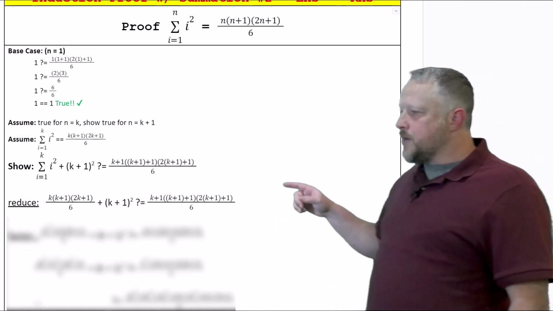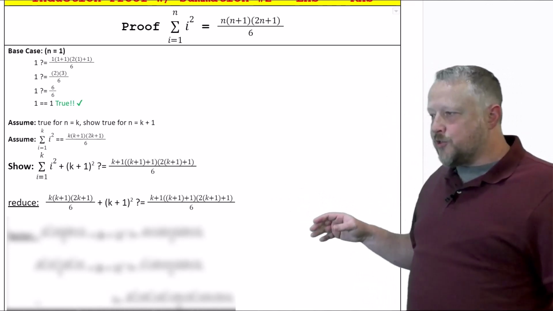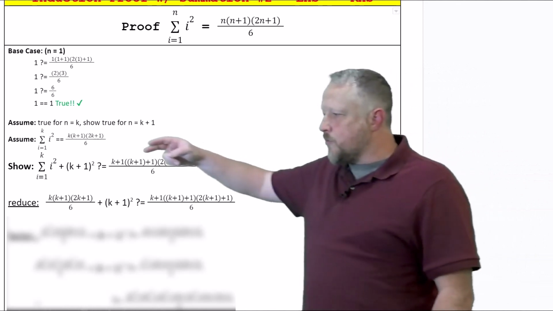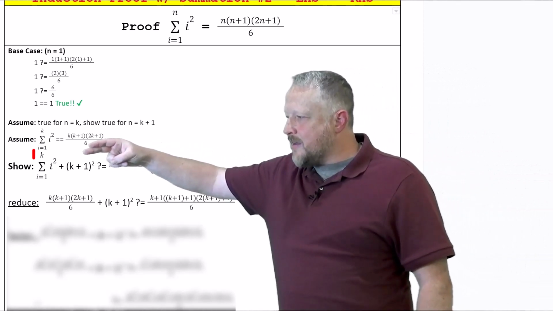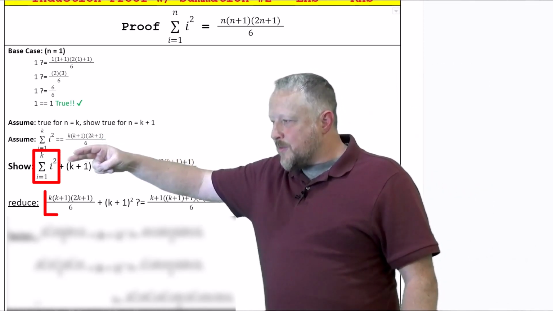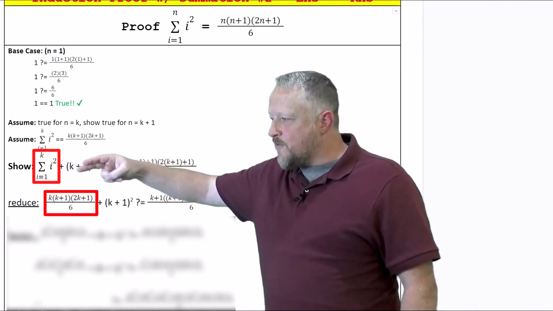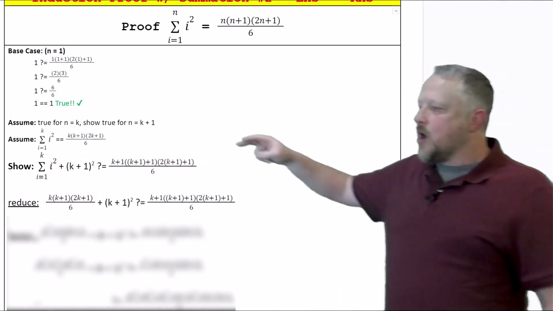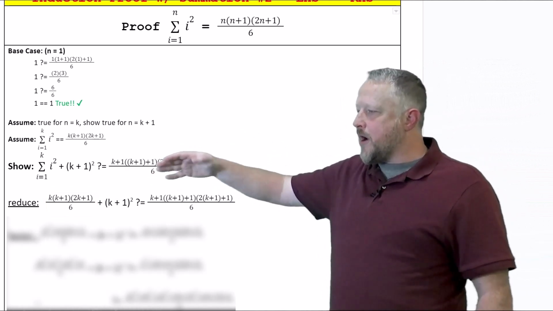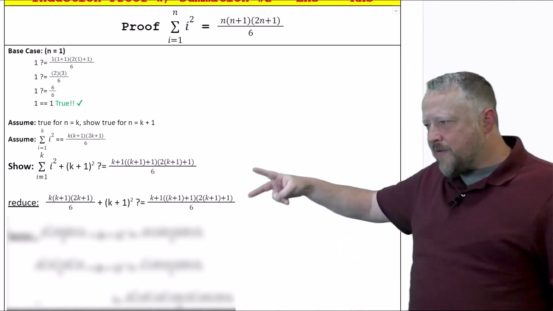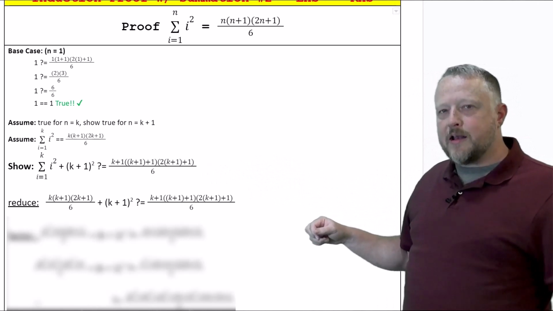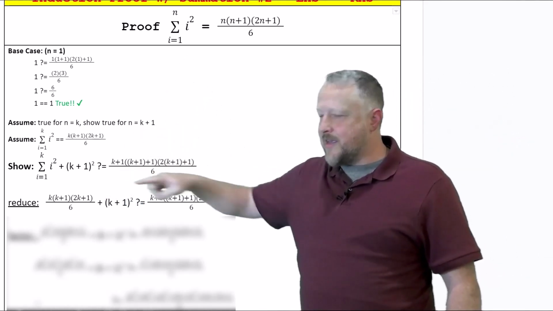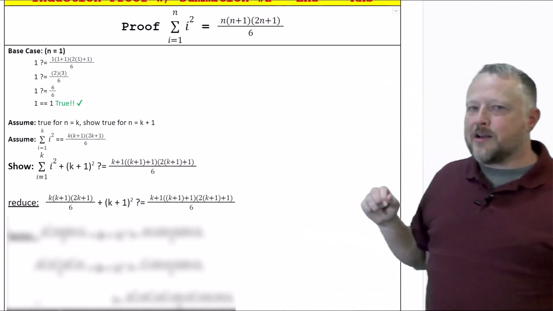Because what I'm going to do is that I am going to get rid of, I shouldn't say get rid of, but I'm going to replace that overall summation that you and I know and love with the equation that we know it's equal to, plus our k plus 1 squared, and then the other side, which I haven't done a manipulation with quite yet. You've seen this replacement in this. That's how I can get away with doing that.